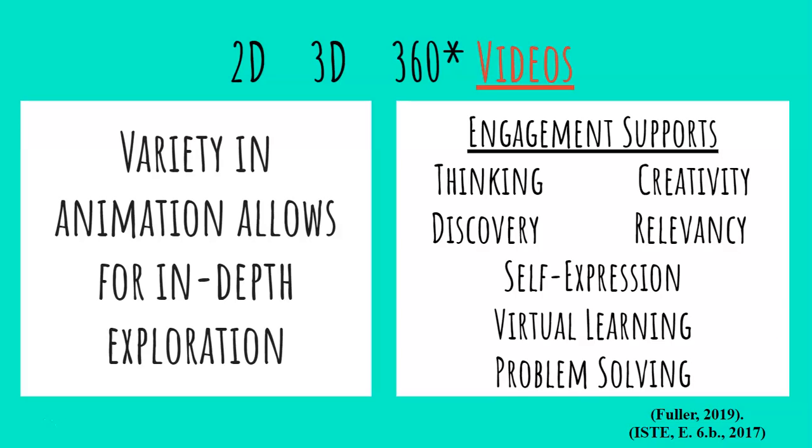It provides relevancy, especially 360-degree videos, because then students can see and place themselves in a situation where they can pan their computer screen or their handheld device and be able to see what the camera is seeing in a 360-degree area. And that's also true of the 3D, the relevancy aspect of it, to be able to help students to be in a real life situation.